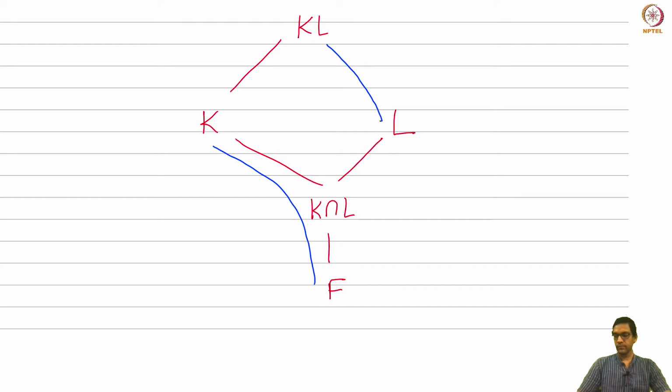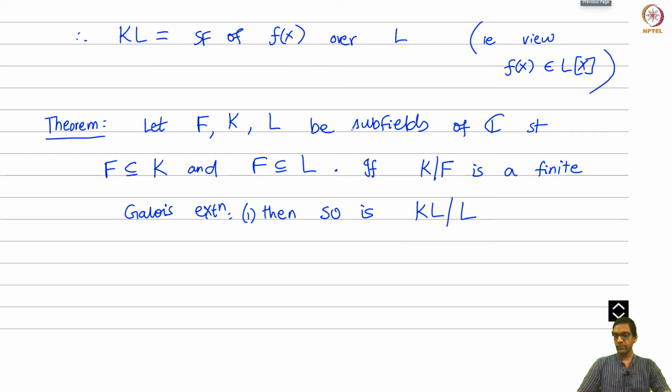I'll indicate anything that's Galois by putting it in green. So here's the Galois extension. You are given that K over F is Galois. That's the first part of the theorem: if K over F is finite Galois, then KL over L is finite Galois. Further, you can also say something about the Galois group itself.